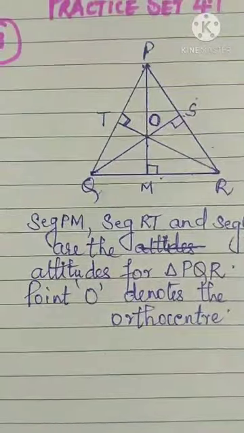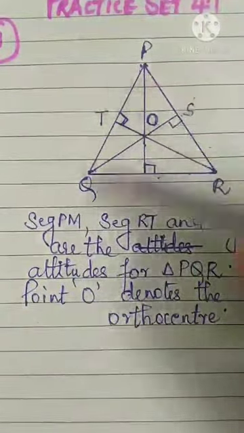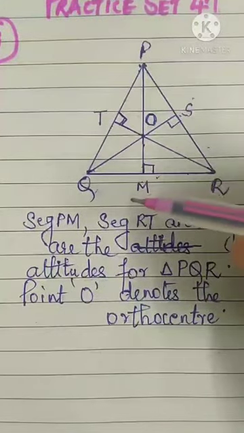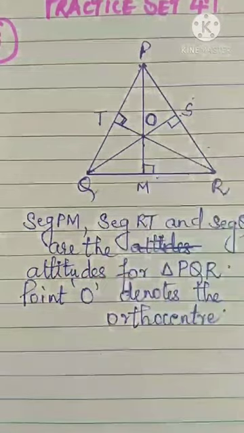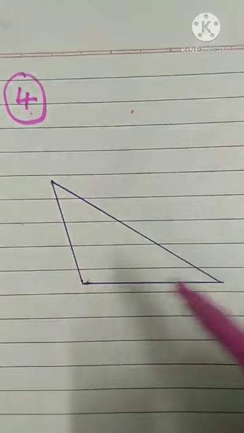Okay, children, so we have learned what an altitude is and how the altitudes look for an acute angled triangle. Now we will draw altitudes for an obtuse angled triangle. So I have drawn an obtuse angled triangle.